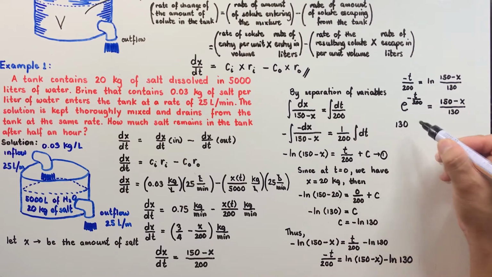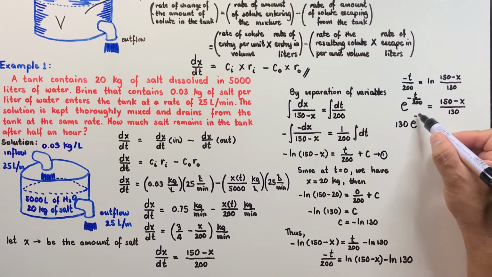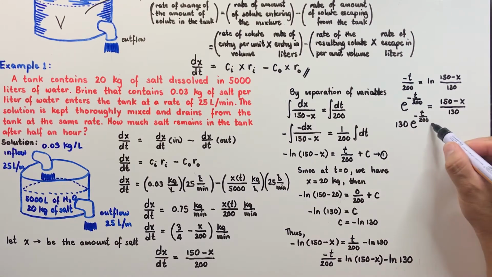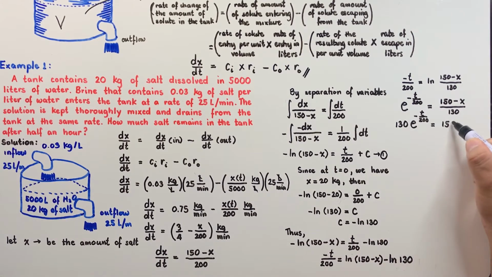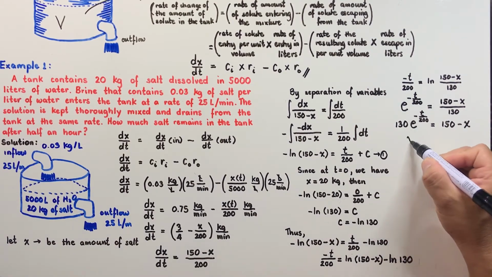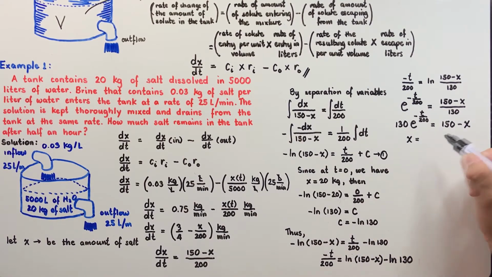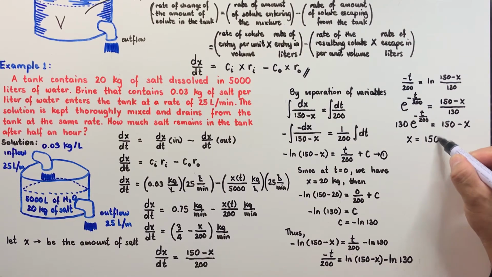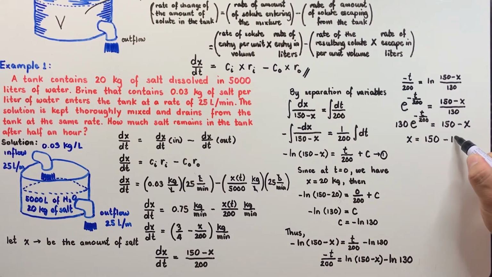So this is 130 times e to the power negative t over 200 is equal to 150 minus x. So therefore, our x is equal to 150 minus 130 times e to the power of negative t over 200.